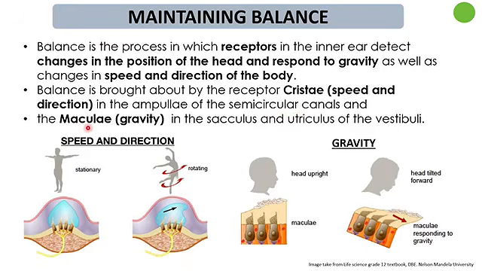Gravity, the fact that you know that you sit up straight, your teacher tells you to sit up straight, it's the macula. There are nerve endings in your macula that tell you that you are sitting up straight. Where is the macula situated? In the saccule and utriculus of the vestibule.